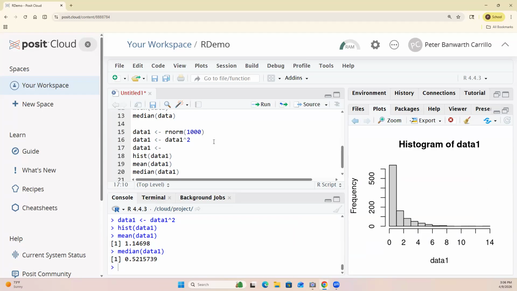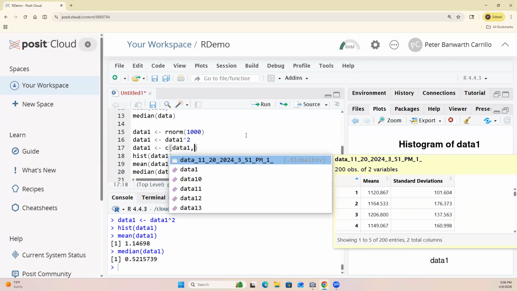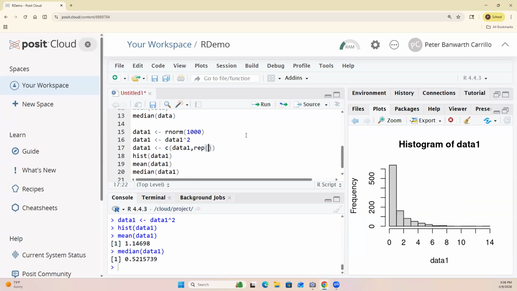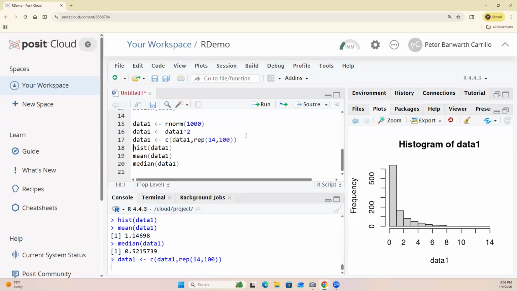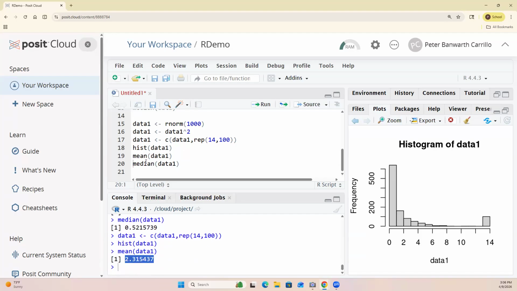So let's take a look. Let's add a bunch more observations up at 14. All right, so these are outliers. So I don't know, there's some party going on and some people are making some really big cakes. That pulls the mean up from 1.1 to 2.3, and it's hardly going to change the median at all, just a little bit.